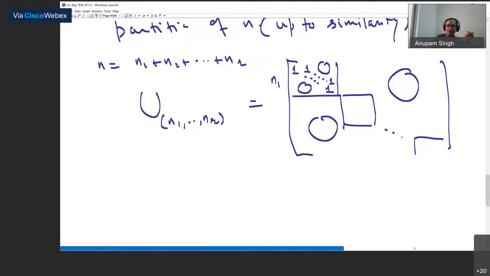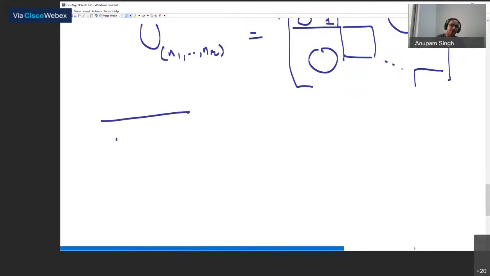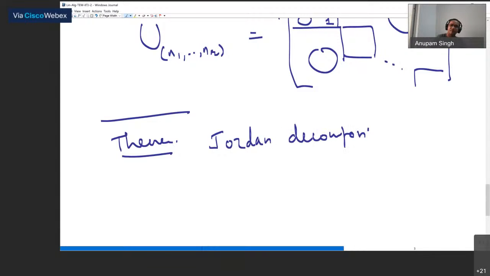And then we wrote down two theorems, basically saying that we can write any linear transformation using these kind of matrices. The first was Jordan decomposition. I wrote two different versions.